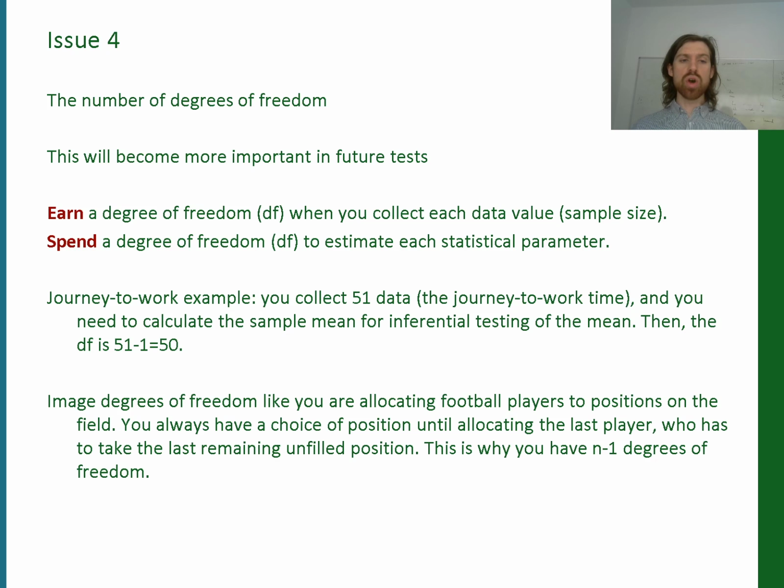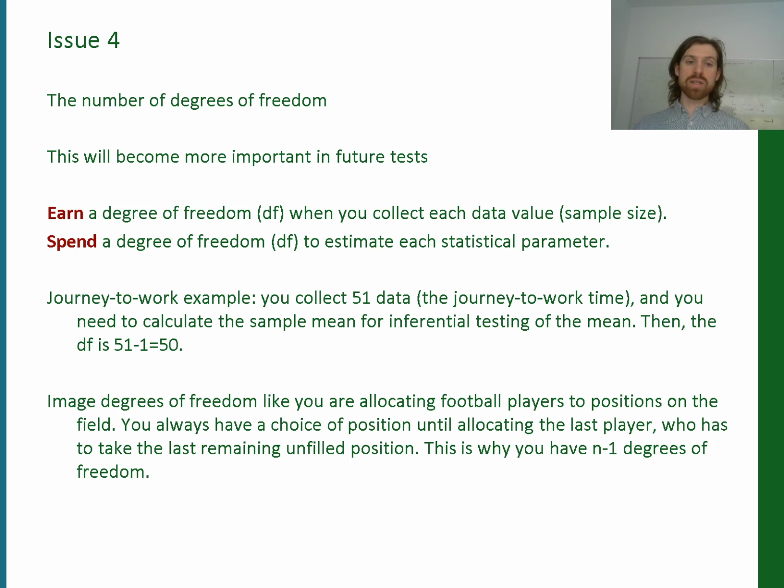Essentially, you earn a degree of freedom when you collect each data value. You spend a degree of freedom to estimate each statistical parameter. So for example, if you're estimating journey to work, you collect 51 data points, so the journey to work time. You then need to calculate the sample mean for inferential testing of the mean. Then the number of degrees of freedom is going to be 51 minus 1.